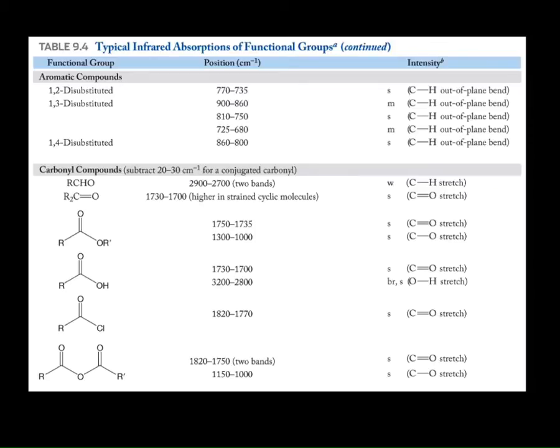But in general, they all fit into this range of around 1700. And so that's a good thing to know when we're trying to qualitatively recognize functional groups. And that wraps up our brief introduction of infrared spectroscopy.